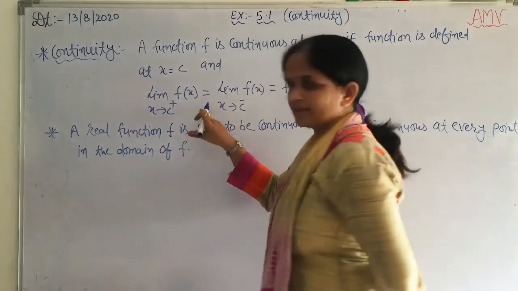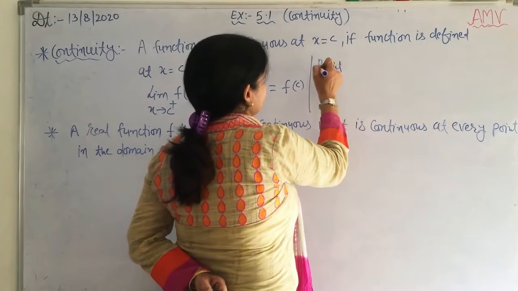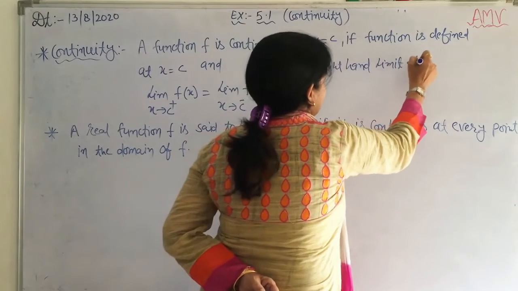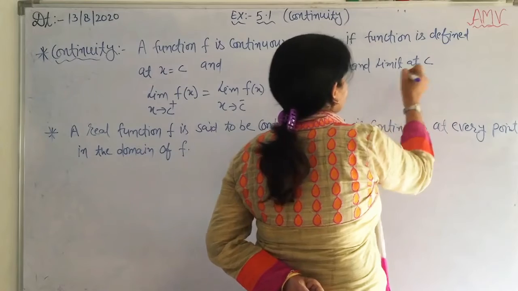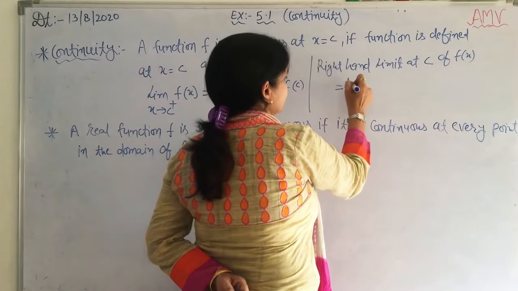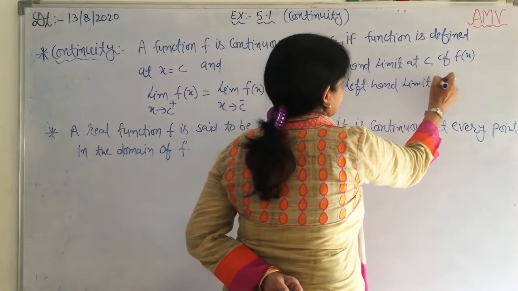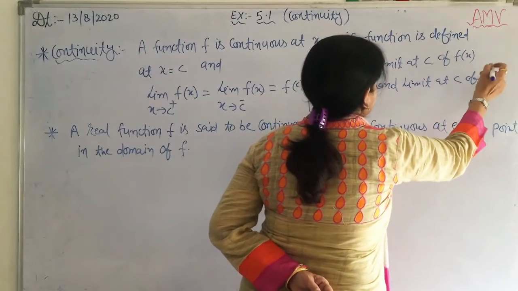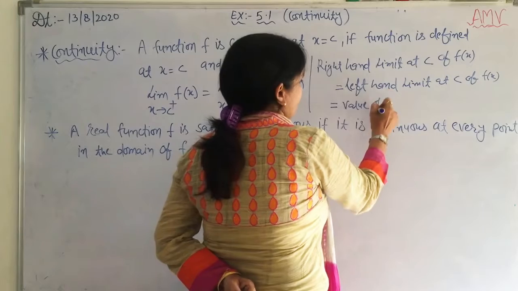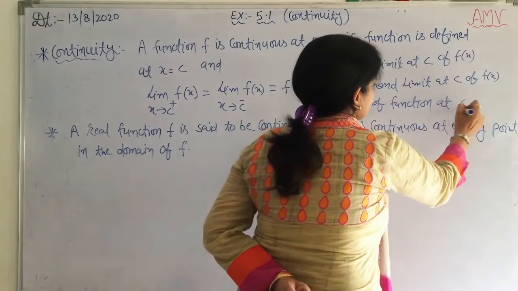It means the limit as x tends to c plus of f(x), known as the right hand limit at c, is equal to the left hand limit, is equal to the value of the function at c.